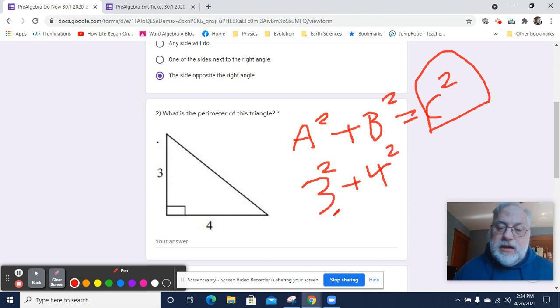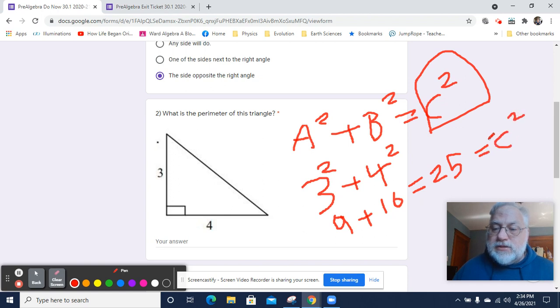Okay, and that's going to be 9 plus 16. And that's going to be 25. So 25 equals C squared.